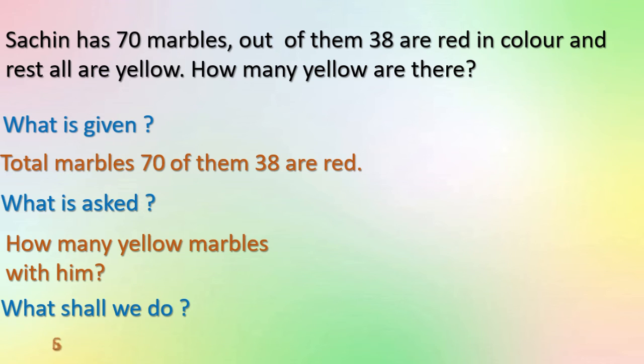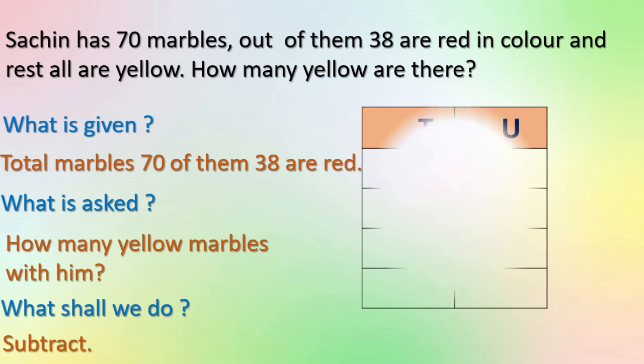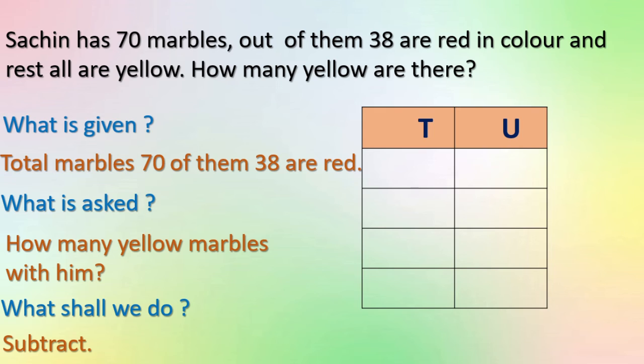Very good, by subtraction. Let us make a table. Let us write here numbers, that is 70, that is nothing but total marbles, right? Minus 38, yes, red marbles. Now 0 minus 8, not possible.